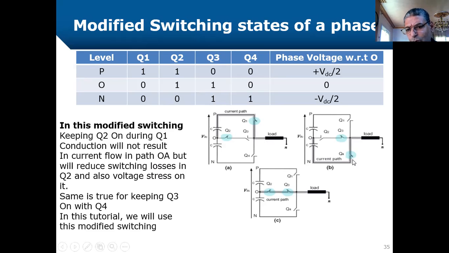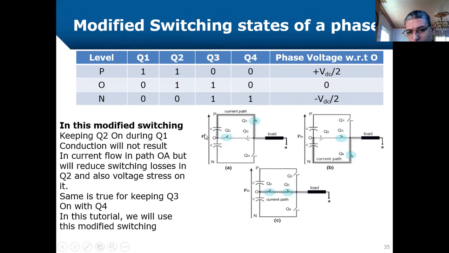Also, it applies to Q3 with Q4. So we have either Q1 with Q2 switched on together, or Q3 and Q4 switched on together to give minus VDC, or Q2 and Q3 switched on together to give 0 voltage.